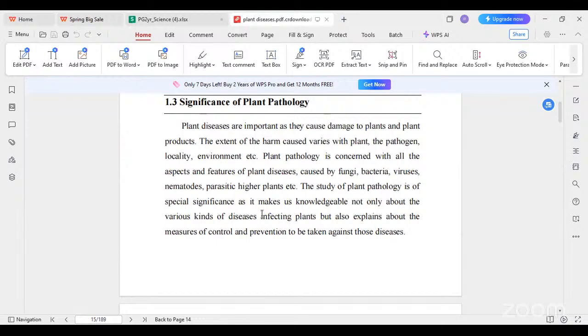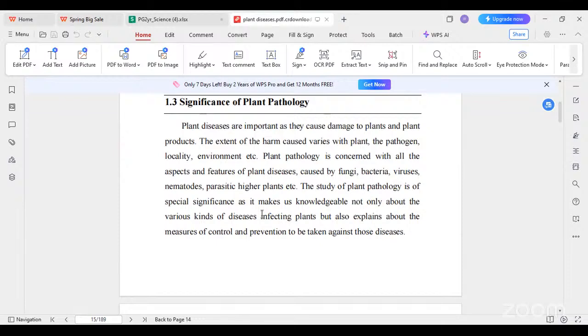The extent of the harm caused varies with the plant, the pathogen, locality, environment, etc. Plant pathology is concerned with all aspects of plant disease caused by different microorganisms.